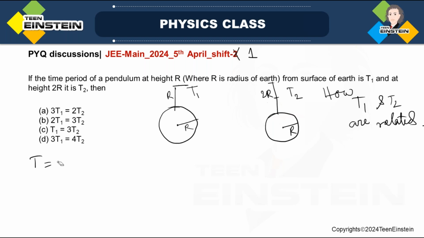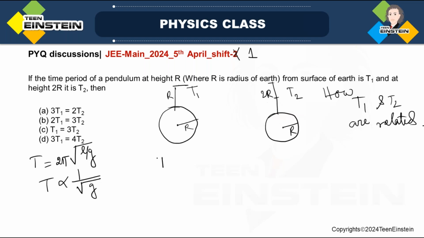When the pendulum is on the earth surface, then the time period is equal to 2π√(L/G). That means the time period of a pendulum is proportional to inverse square root of G, like this.